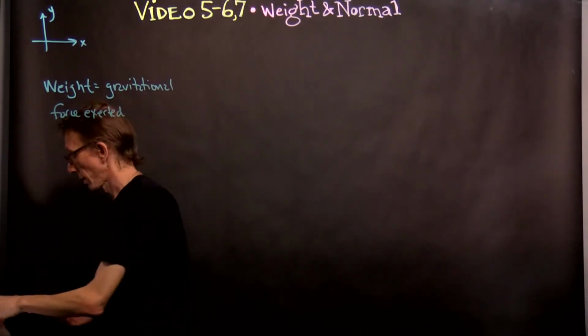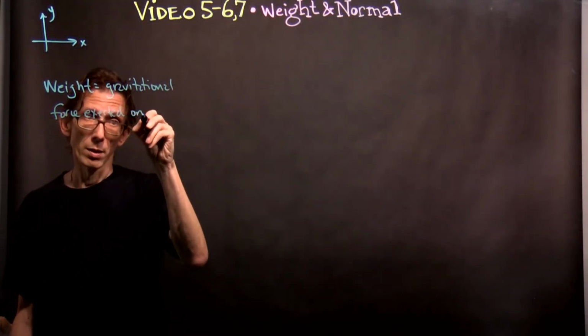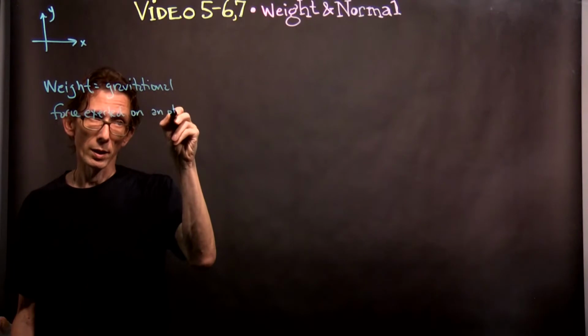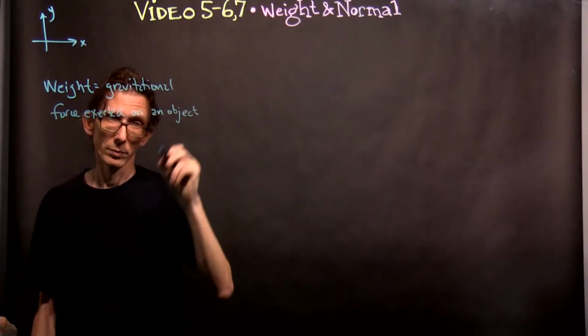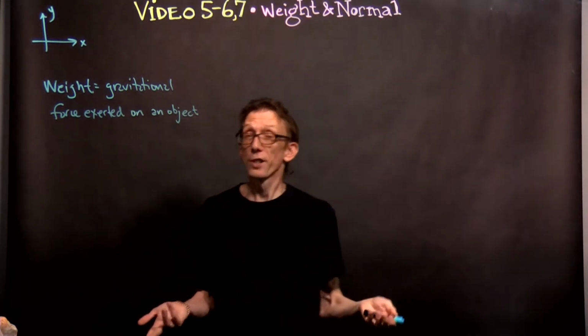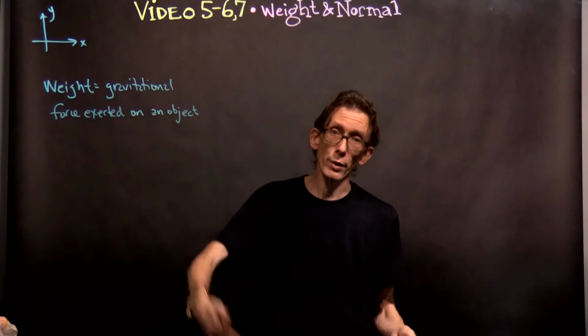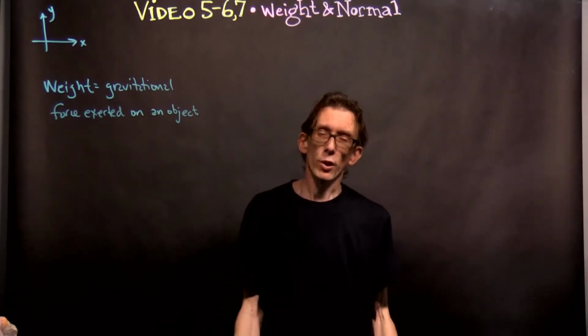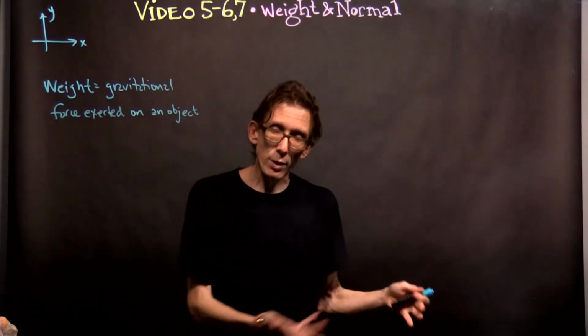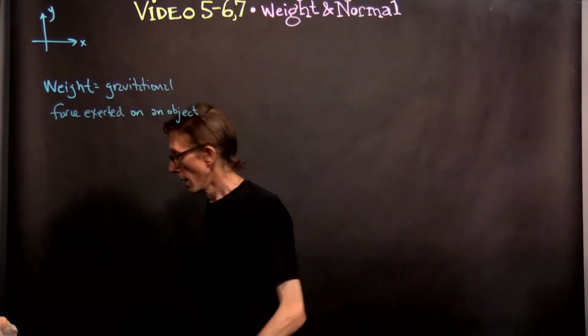Normally we talk about weight, it's the earth that does the pulling. It's that simple. Now, the definition in your textbook says it's the gravitational force exerted on an object by the Earth. It's true, but you still have weight on the moon. It's just a different weight. So I'm just going to leave it there. Gravitational force exerted on an object.